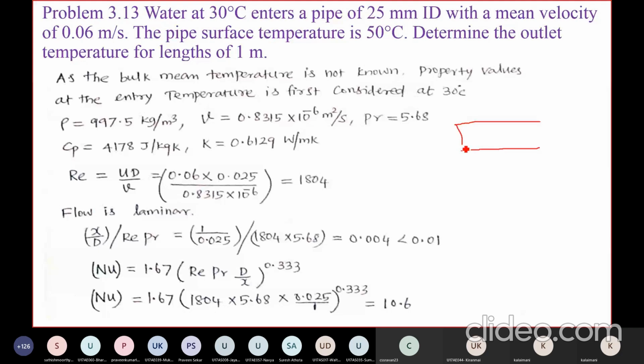The length of the pipe is 1 meter. The initial temperature of water Ti is 30 degrees Celsius. The wall surface is maintained at a constant wall temperature, Tw, given as 50 degrees Celsius.